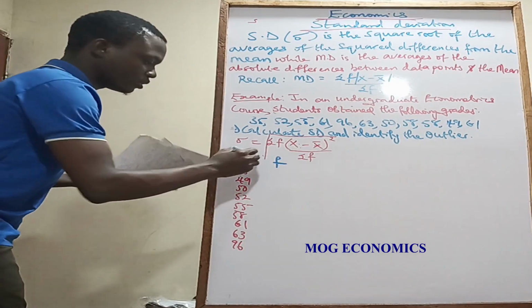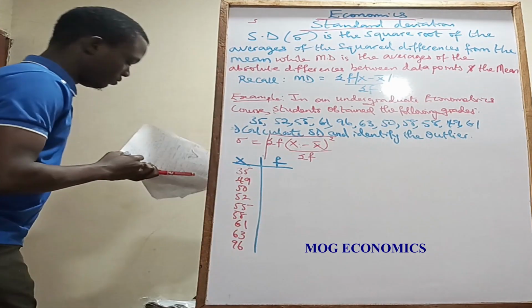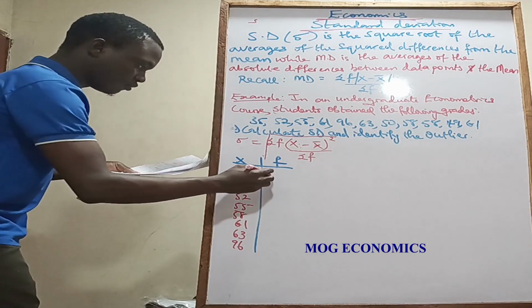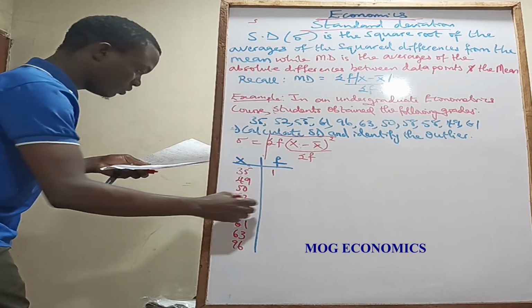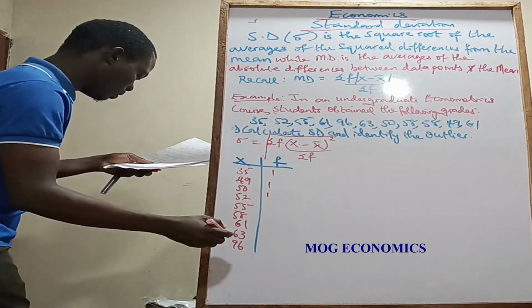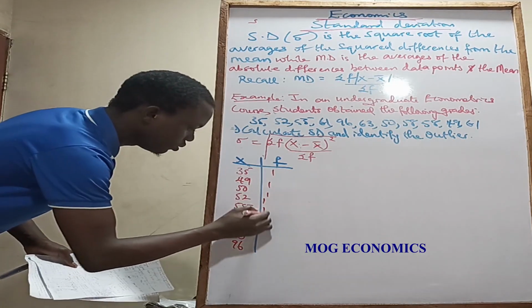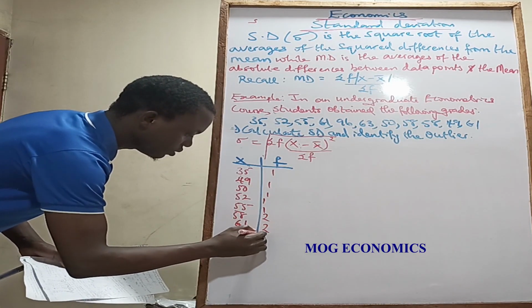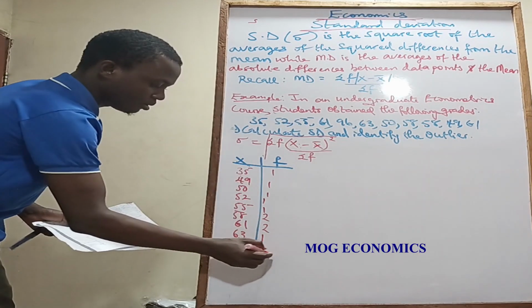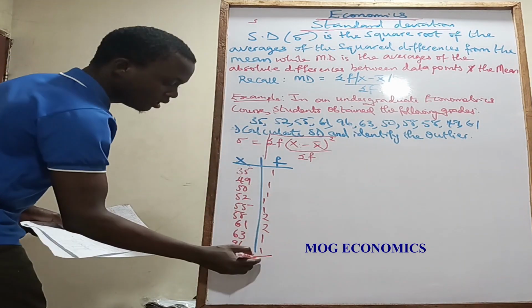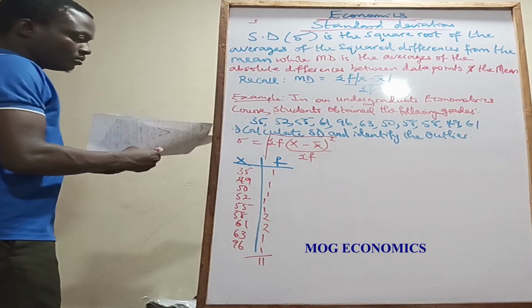And then what are their frequencies? 35 is only one number, so it's 1, followed by 1, 1. I think all of them are 1, except 58 and 61, which are 2 each. So the sum of frequency, 1 plus 1, 2, 4, 6, 7, 8, 9, 10, 11, is 11.